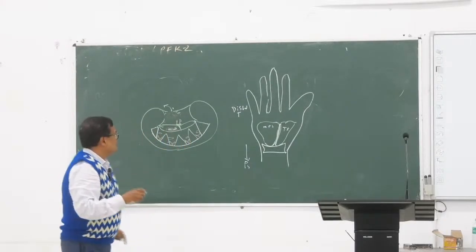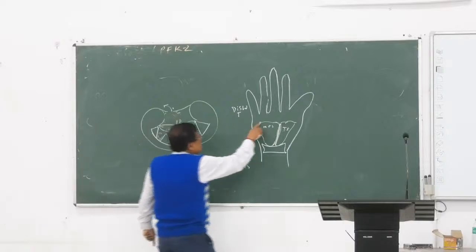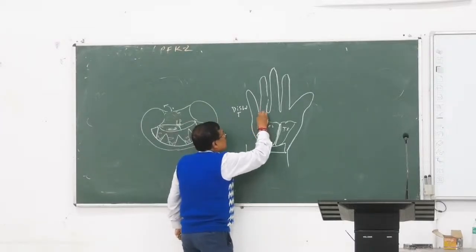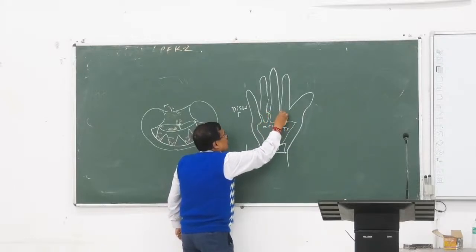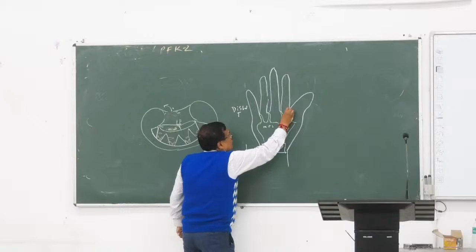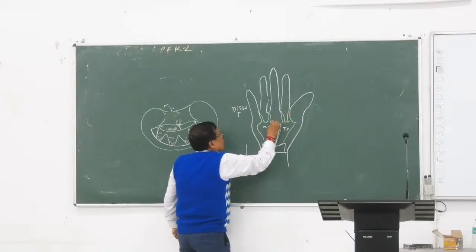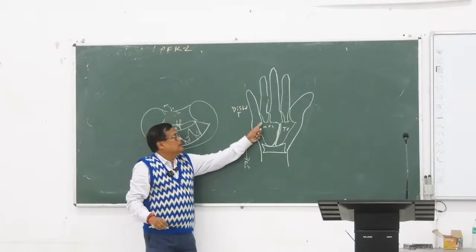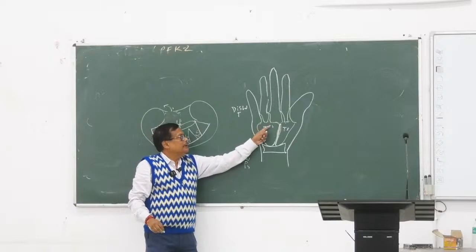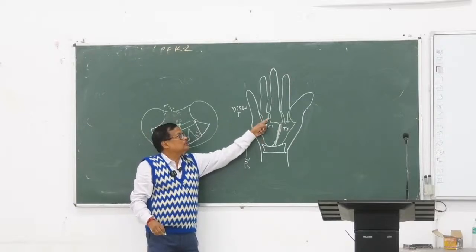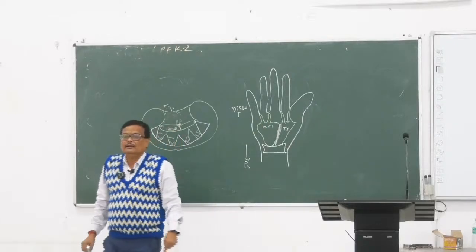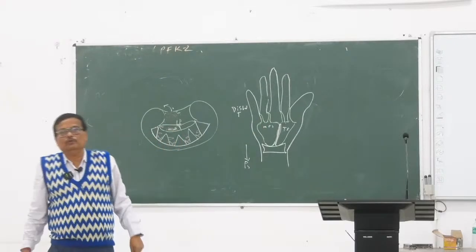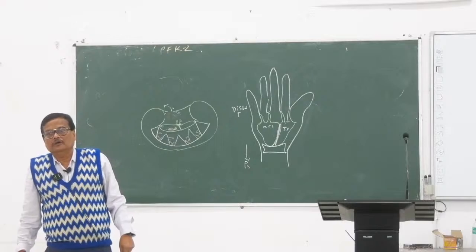But distally, it is extended into the web spaces of the fingers. Proximally, the mid palmar space extends into two finger-like projections we call the lumbrical canal, because this canal is by the side of the lumbrical, around the lumbrical muscle.